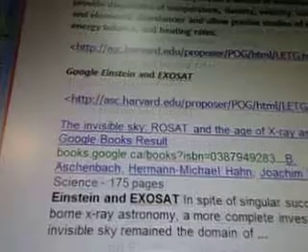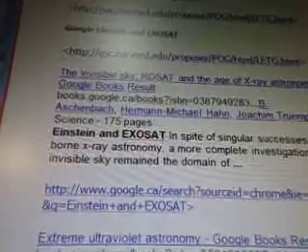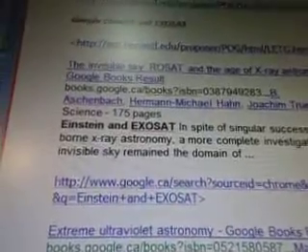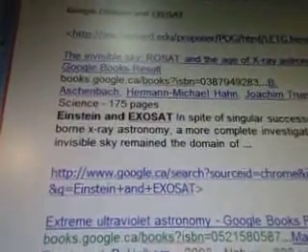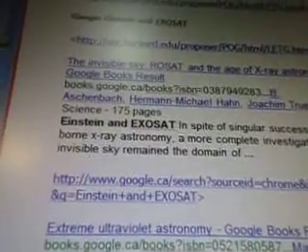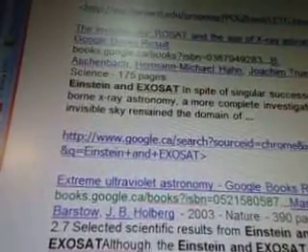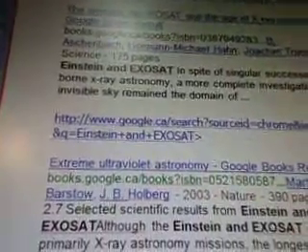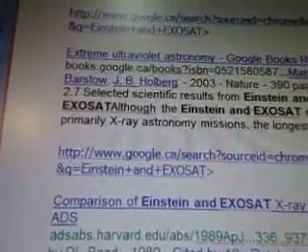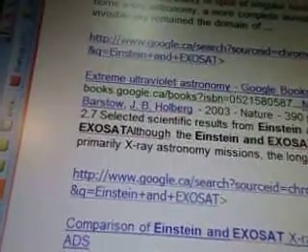So I Googled Einstein and EXOSAT, and it says The Invisible Sky, ROSAT and the Age of X-ray Astronomy. It's a Google book from, can't say that name, Aschenbach, Hermann Michael Hahn, and Joachim Trümper, 1998. Einstein and EXOSAT: in spite of the singular success of balloon-borne X-ray astronomy, a more complete investigation of the invisible sky remained the domain of... Next thing that came up was Extreme Ultraviolet Astronomy from Martin Adrian Barstow and J.B. Holberg, 2003.